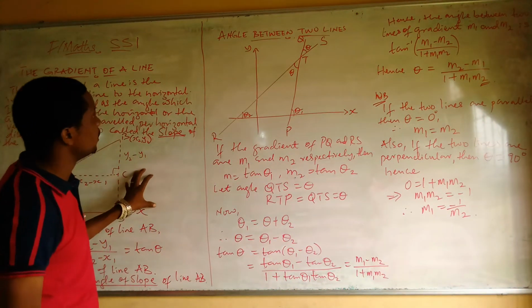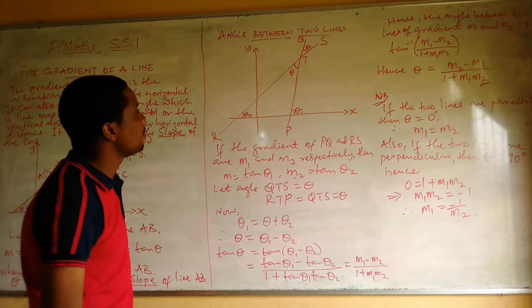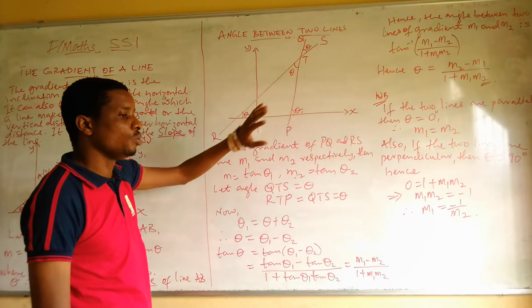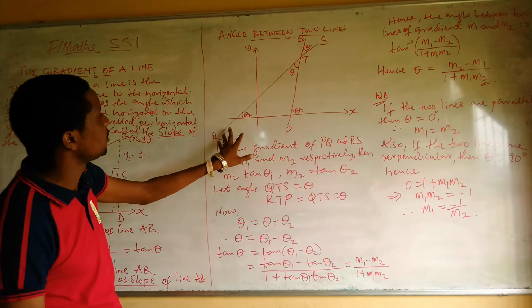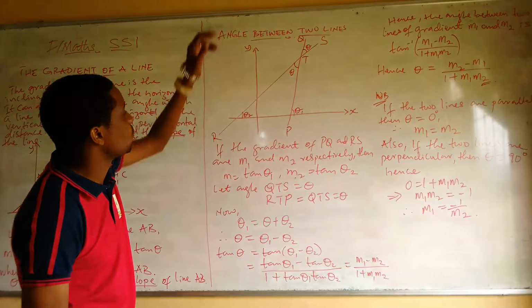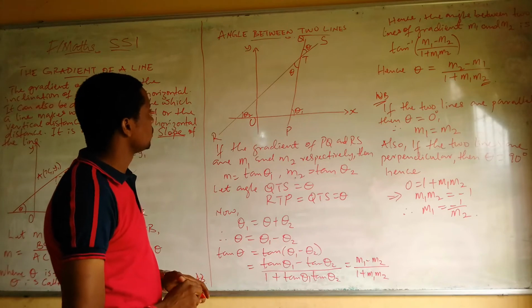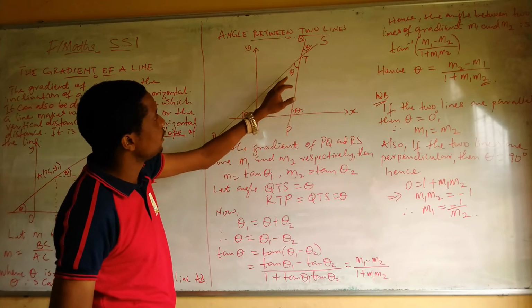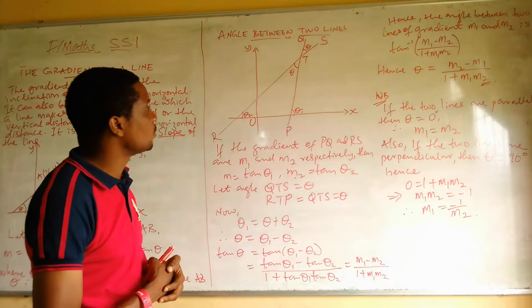Now that is for a single line. Now a situation whereby we have two lines. We want to find the angle between the two lines. How do we do that? So if we have this is OX, OY. O is the origin. So we have this theta 1 and theta 2. Then the angle here is theta, vertically opposite angle.